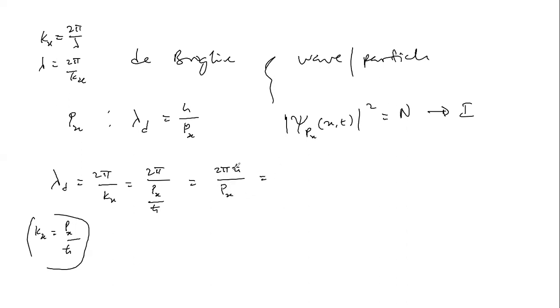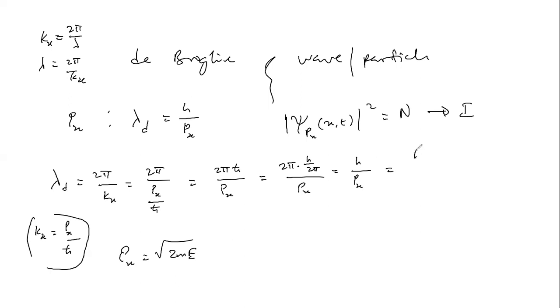And now we know h cross is the reduced Planck constant. So that's 2 pi times h over 2 pi divided by p sub x, which is h over p sub x. And we already showed that p sub x is related to the energy as the square root of 2mE.